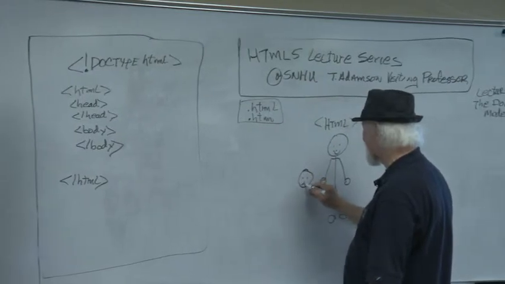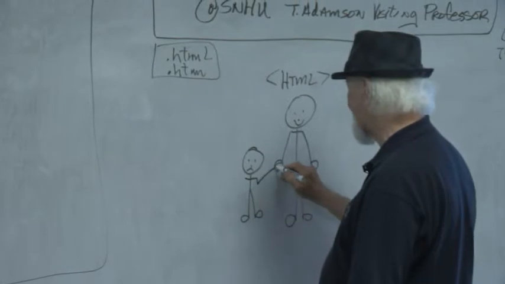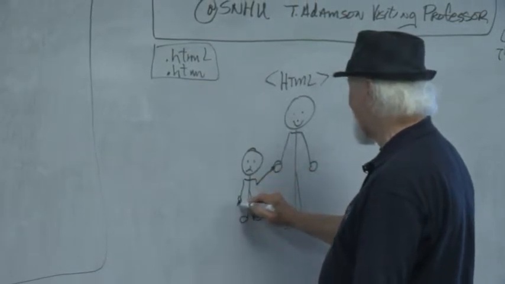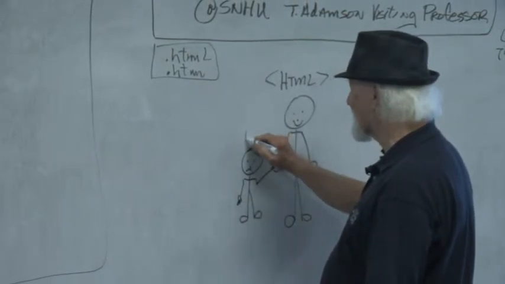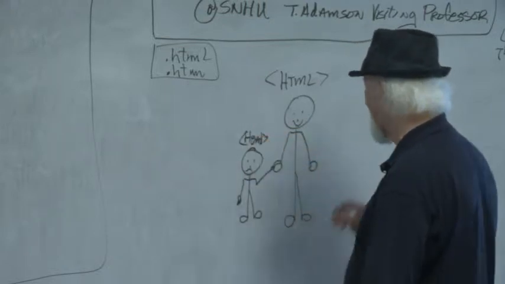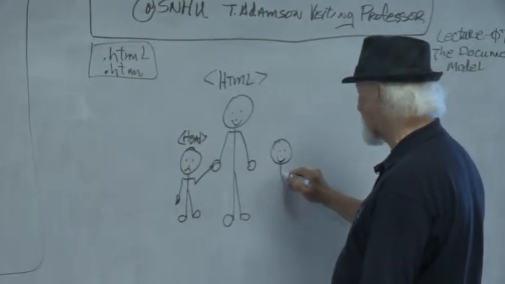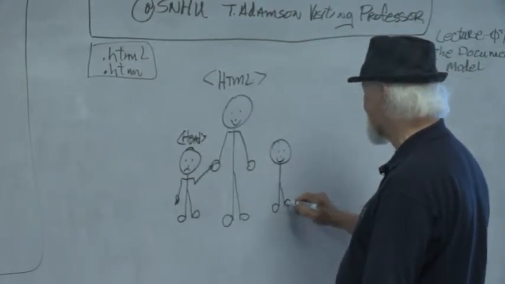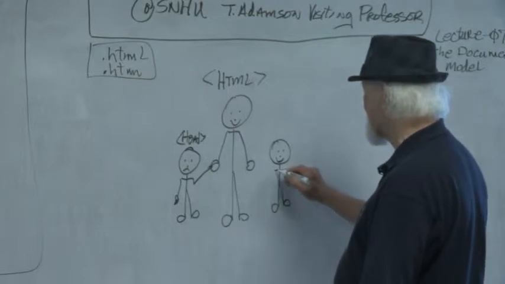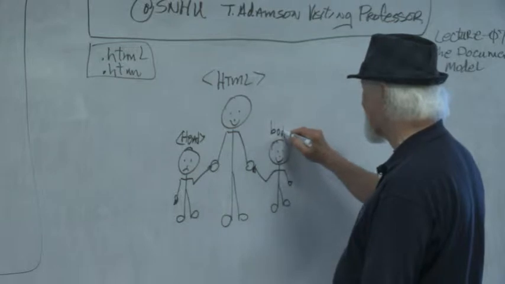Here's one child element. They're holding hands here. And this one I'm going to call the head element. So that's the name of this child. And here's the other child, which is called the body element. And this is the body.